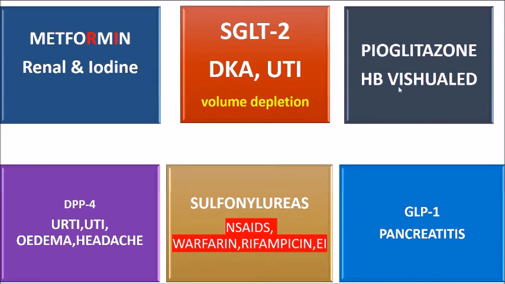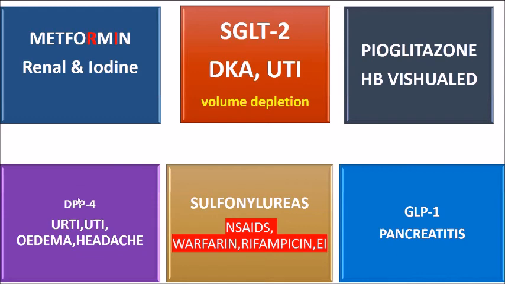If you look at this mnemonic, it basically has everything: the visual impairment, the impotence, the dizziness, the headache, the arthralgia, and also edema. So if you just look at this mnemonic, you can remember all the side effects of pioglitazone.